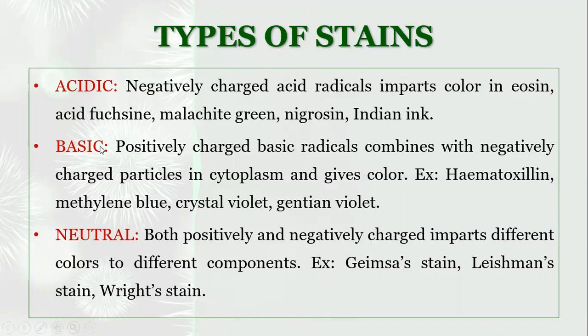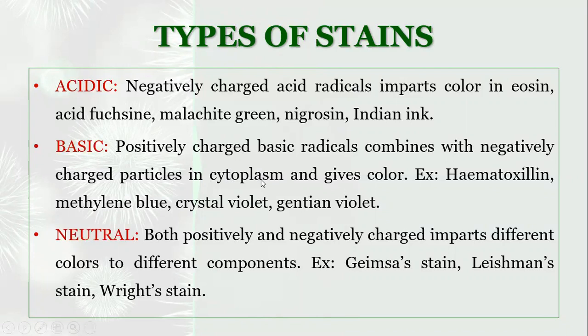Basic dyes are positively charged and have basic radicals that combine with negatively charged particles in the cytoplasm and give color. As they are positively charged, they stain the negatively charged molecules present in the cells. So here you can see they are staining the cytoplasm.